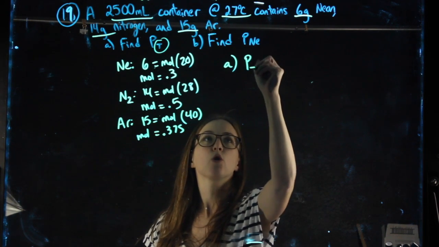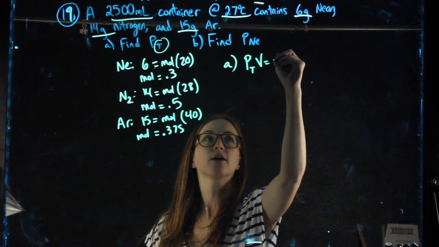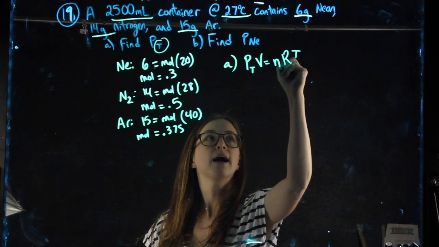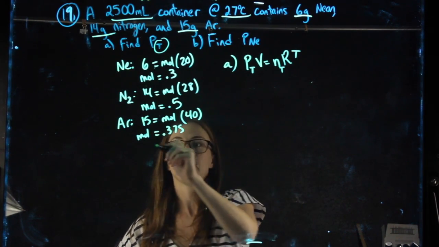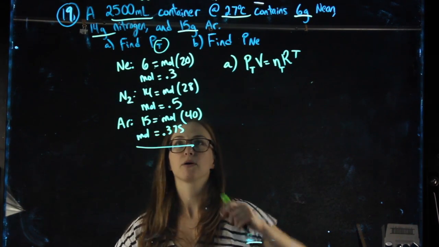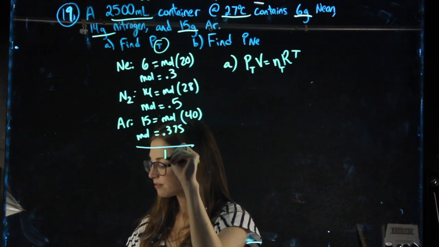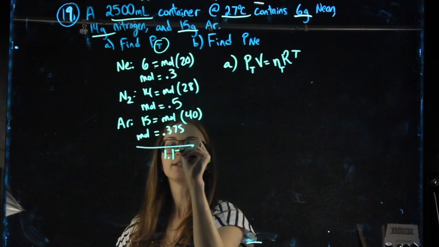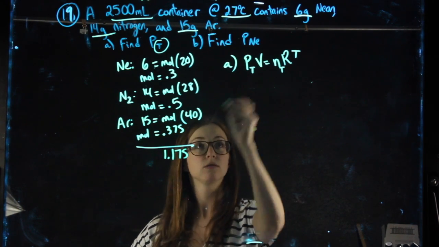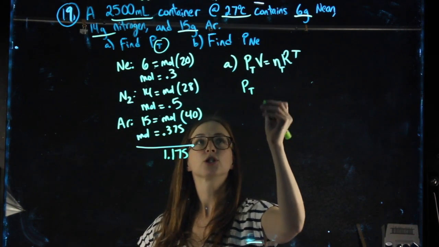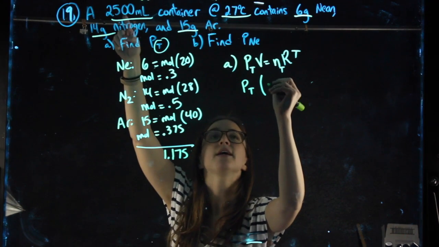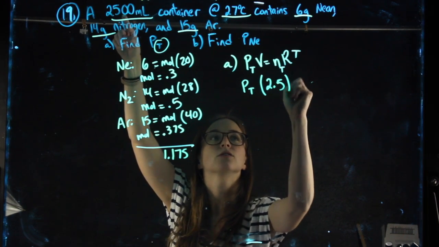So if I want the total pressure in PV equals nRT, I need to use the total moles, meaning adding all of those up. 0.3 plus 0.5 plus 0.375 is 1.175 moles total. To find my total pressure, I will use the volume they give me, but in liters.